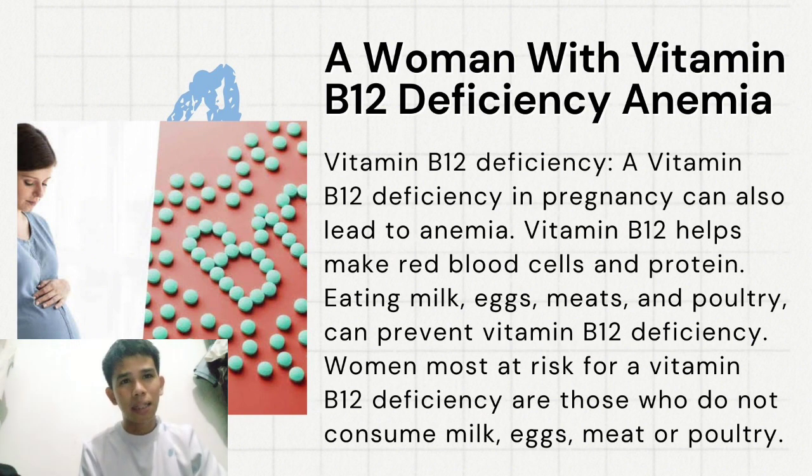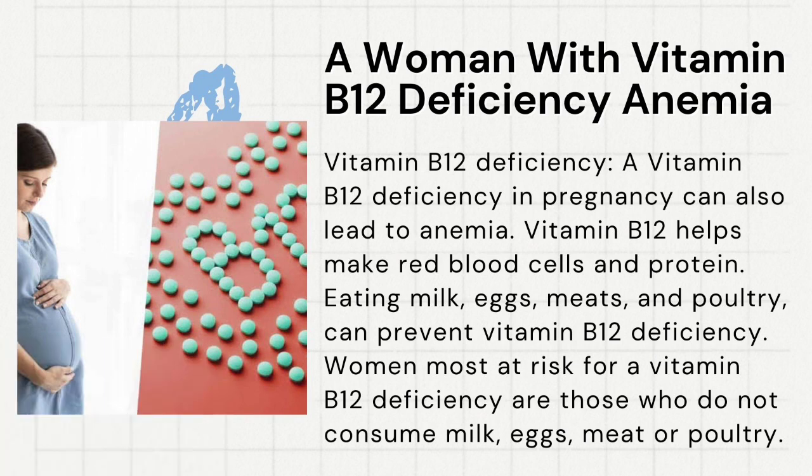So the next type is a woman with vitamin B12 anemia. A vitamin B12 deficiency in pregnancy can also lead to anemia. Vitamin B12 helps to make red blood cells and protein. Eating milk, eggs, meats, and poultry can prevent vitamin B12 deficiency. Women most at risk for vitamin B12 deficiency are those who do not consume milk, eggs, meat, or poultry.